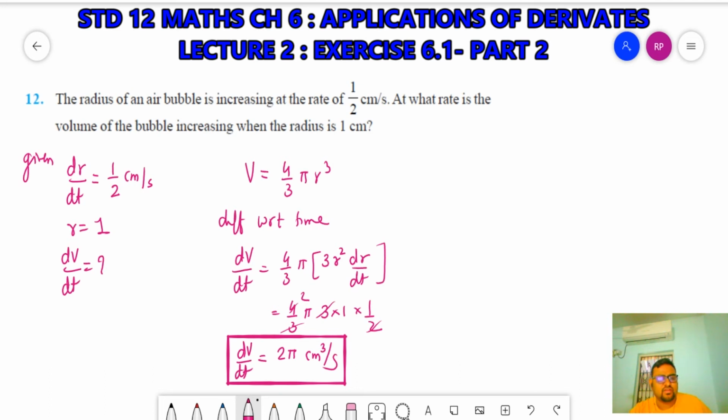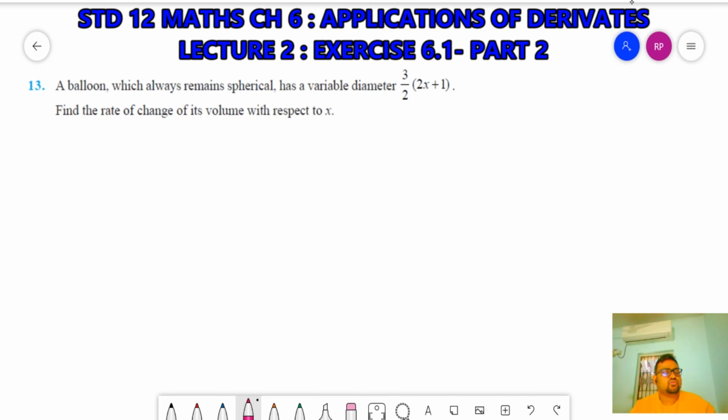Now let's move to the next, that is question number 13. A balloon which always remains spherical has a variable diameter, 3 by 2 into 2x plus 1. Find the rate of change of its volume with respect to x. Now see, this is a variable diameter.